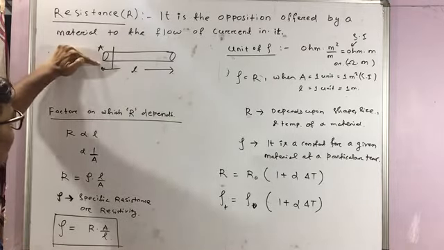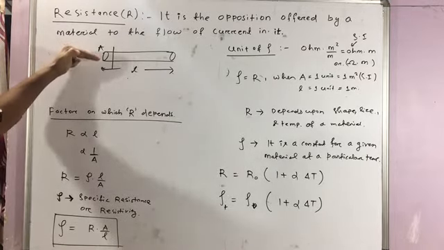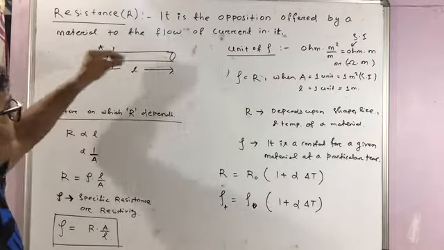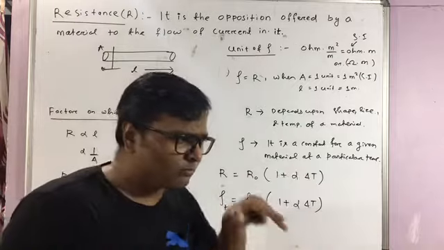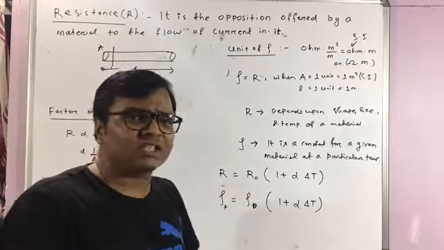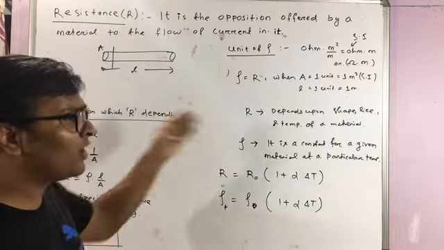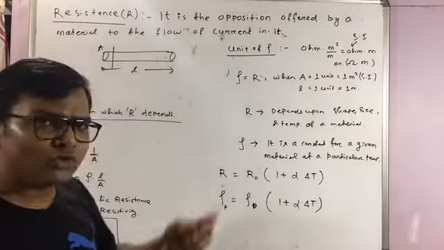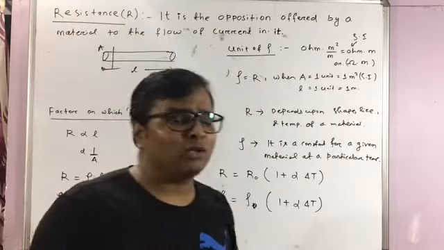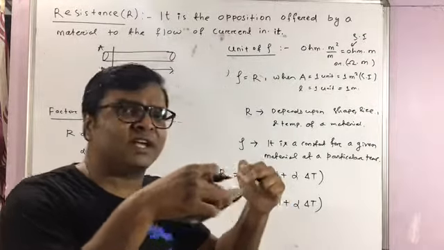Means, if a charged particle starts flowing from here to here, and the length is more, then when an electron is moving through a conductor, because of the lattice vibration and thermal vibration, it collides with the lattice wall, and also with themselves. Remember that collision is not like physical contact of electrons.